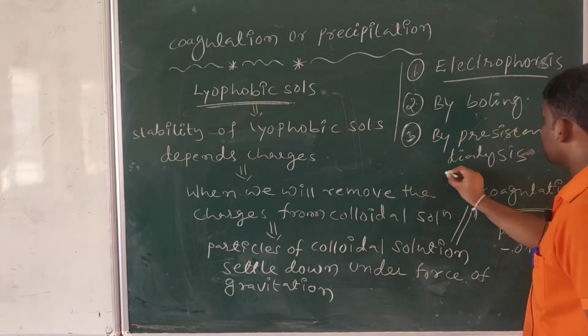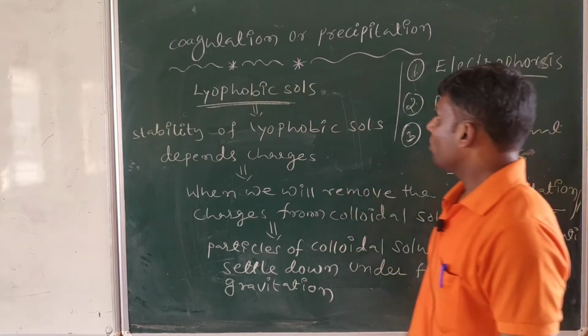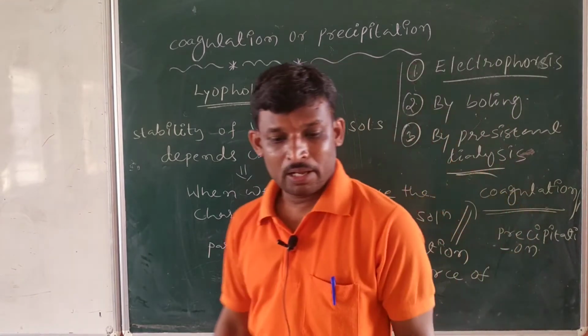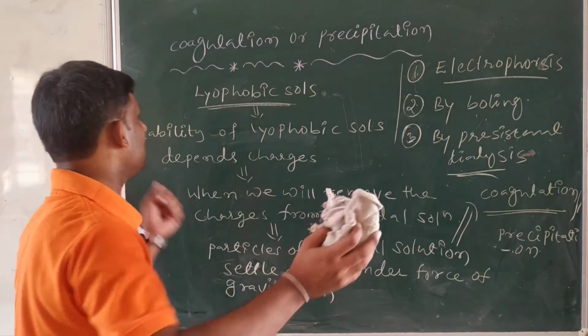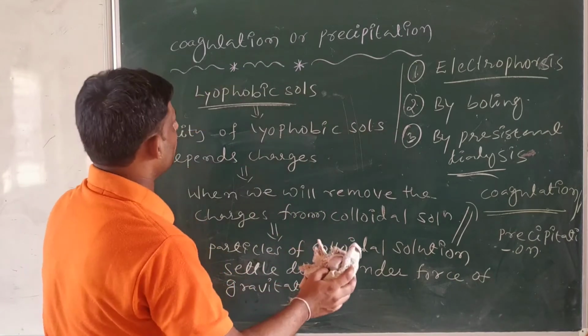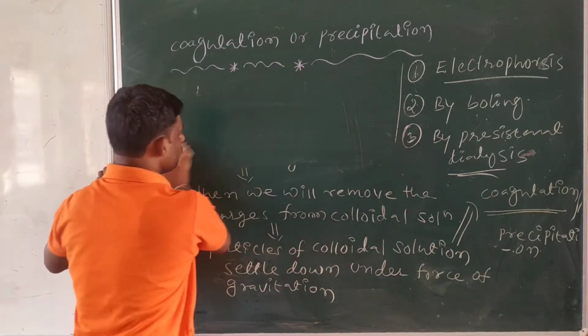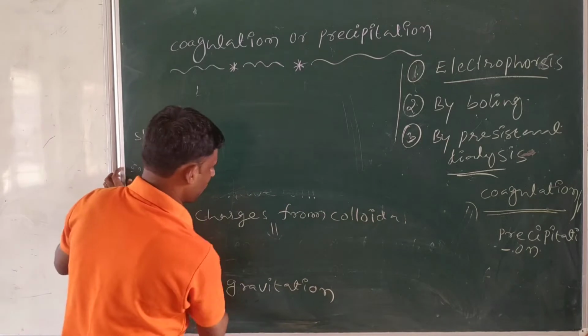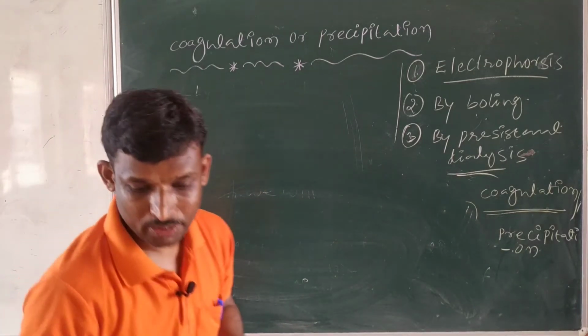Another method is a very, very important method. Coagulation takes place by the addition of electrolytes to the colloidal solution.